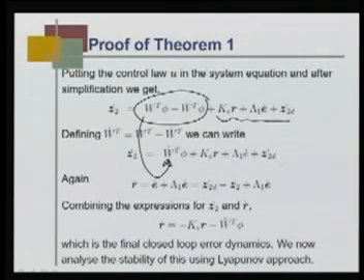We have already defined R to be E dot plus lambda 1 E. So, if I recompute R dot, it is E double dot plus lambda 1 into E dot. Here lambda 1 is simply a constant.